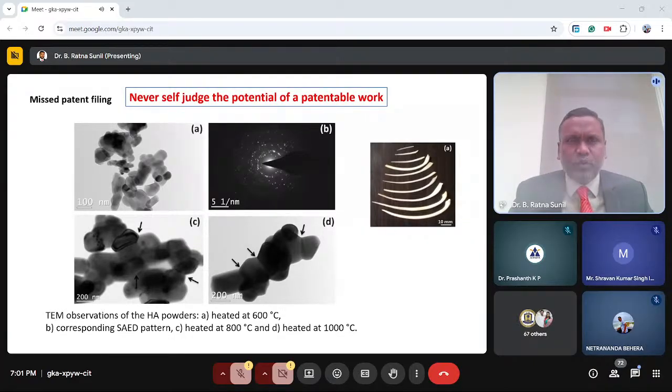But here, with fish bones from our Krishna river, where we get these fish, I produced the same bioceramic nanomaterial for just 200 rupees. See how innovative this step is. But with this excitement, I immediately published the paper in a very good journal as a short communication in 2016. But I missed the opportunity to file a patent.